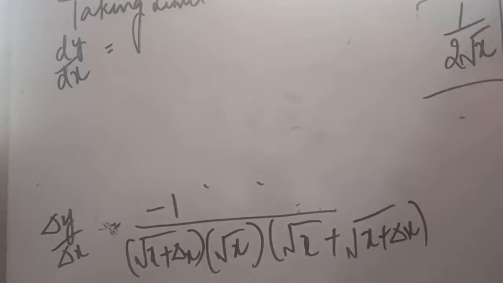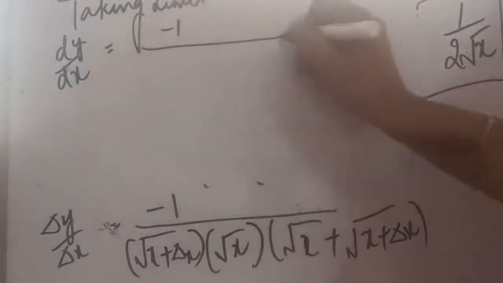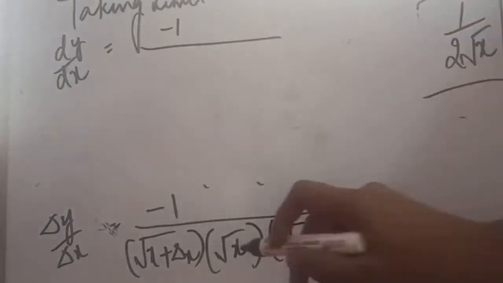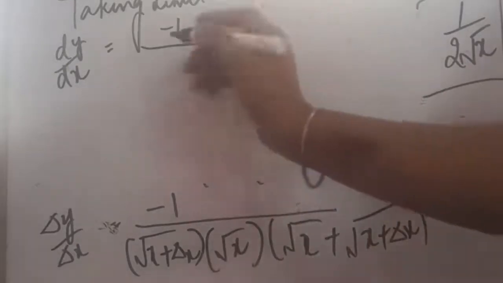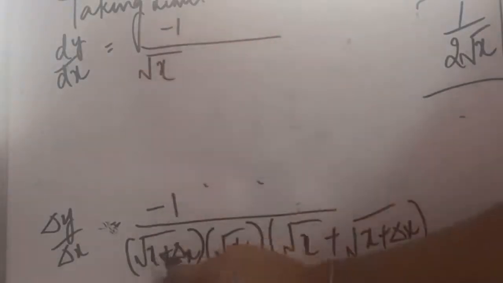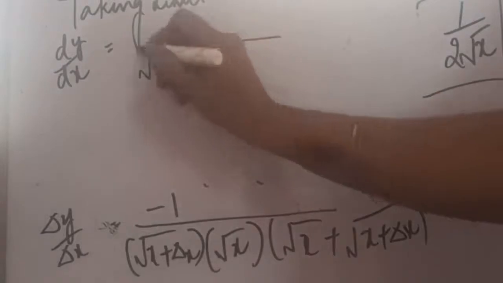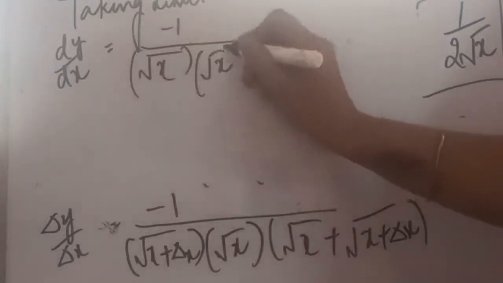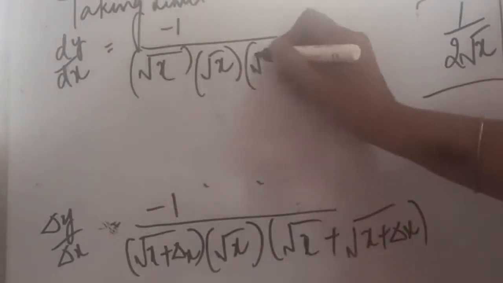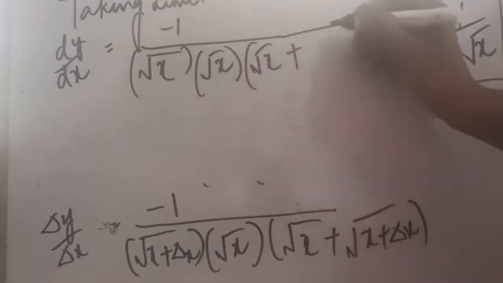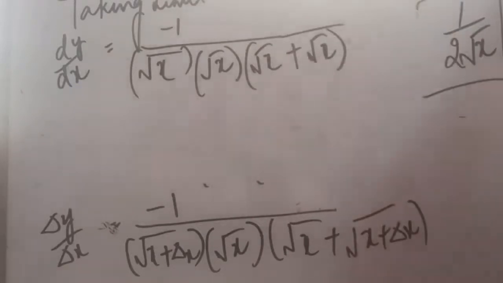So dy upon dx. On the right hand side, the numerator is the same, and here just put 0 wherever you see delta x. So it will be x plus 0, root x plus delta x will also be root x, so root x plus root x. So x plus 0 will be root x only.